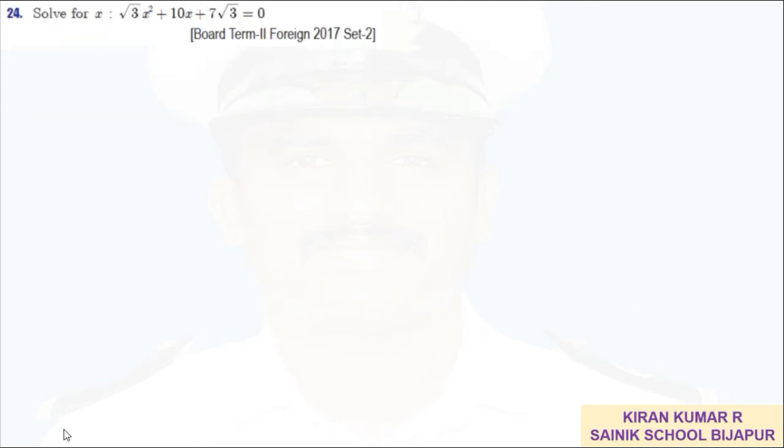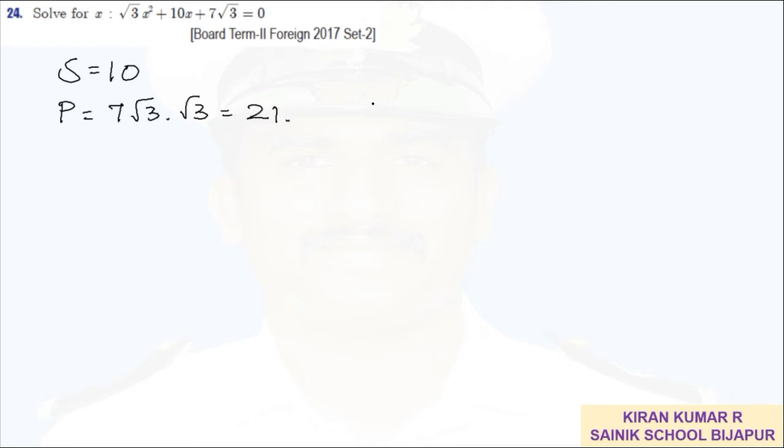Question 24. We have to solve for x. In this question, we need to find two numbers such that their sum is 10 and the product is 7 root 3 multiplied by root 3, nothing but 21.